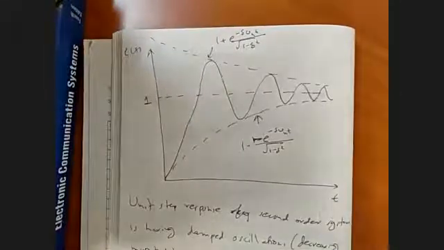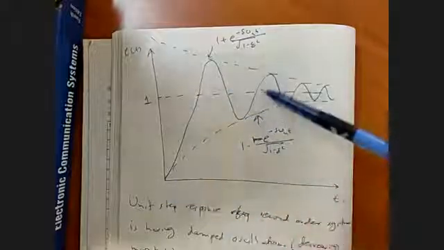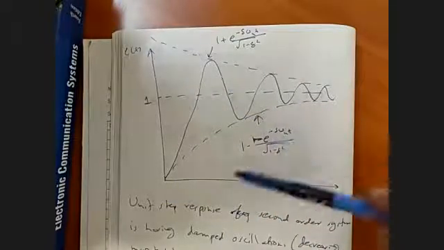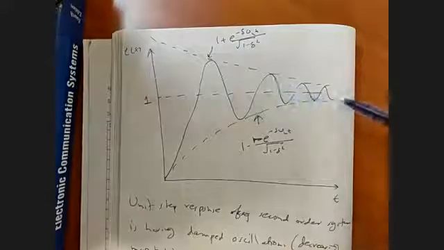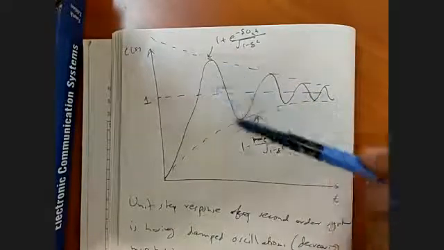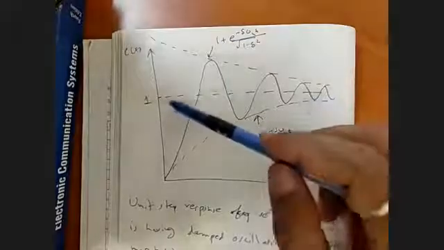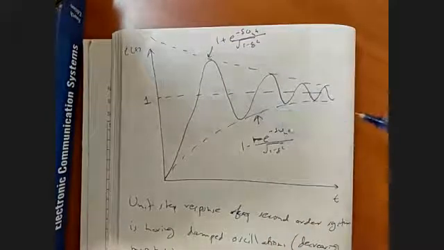So when delta is between 0 and 1, your response will be oscillatory in nature, but it is a damped oscillation because the magnitude will be continuously decreasing, and the response will be oscillating about your final value, that is 1, the input which we have applied.